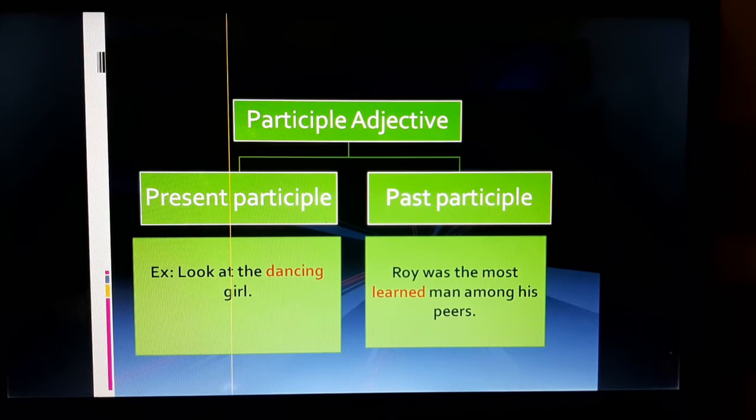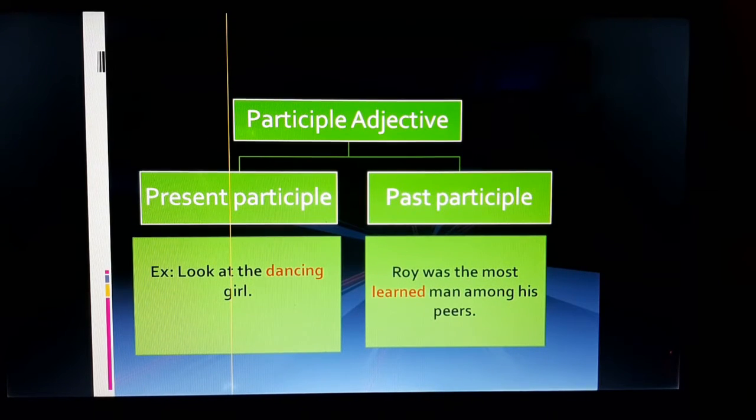So these two examples define two different participles, present participle and past participle, right? The participle which ends with ing, the present participle, represents an ongoing action, which is going on just now. Look at this example: look at the dancing girl. Here the action is in an ongoing process, which is defined only by the present participle.